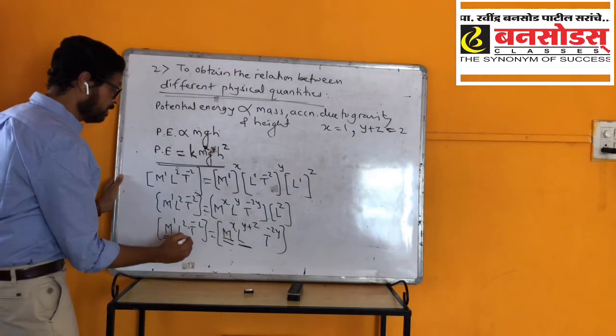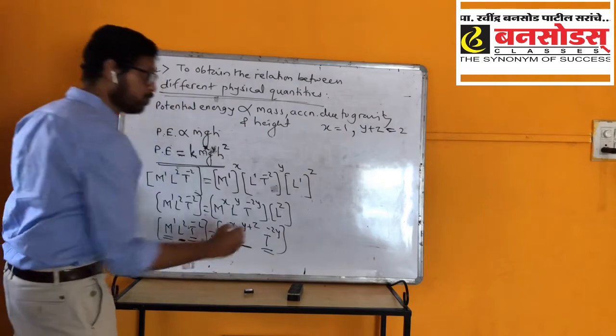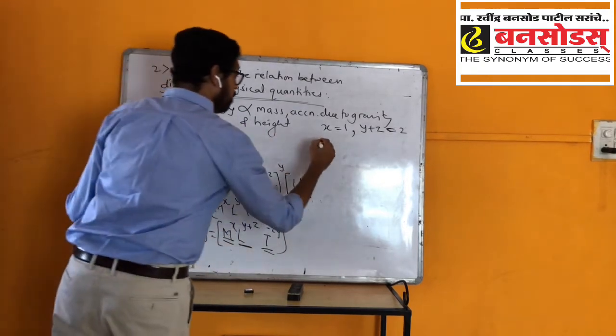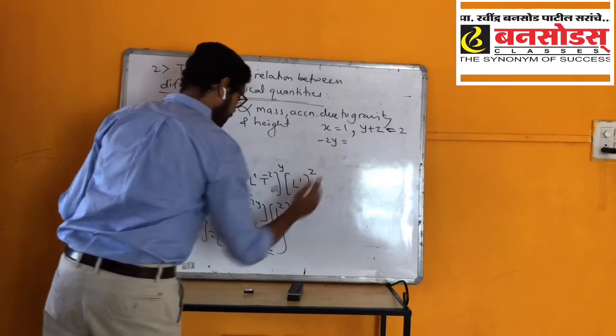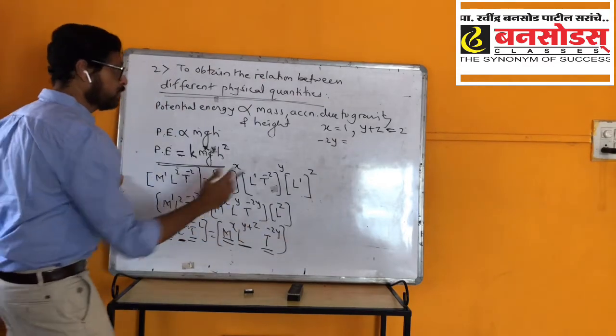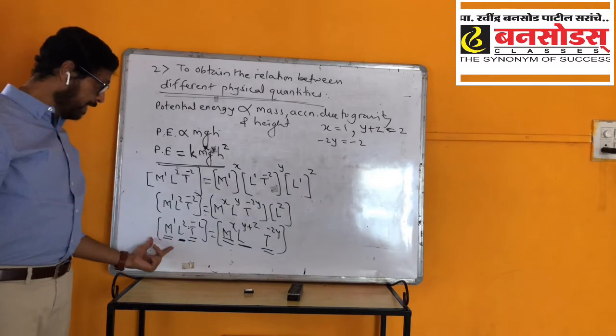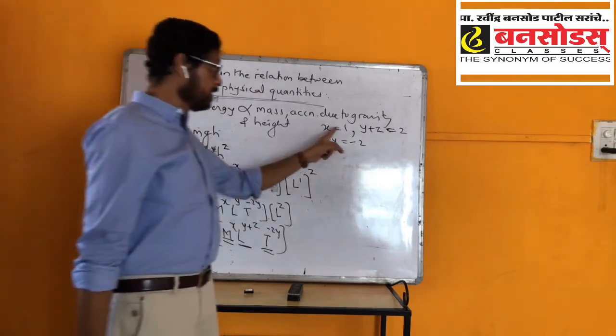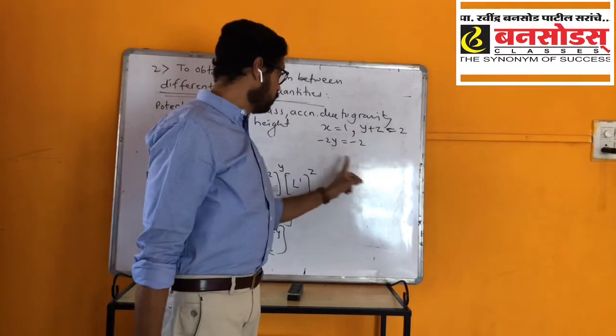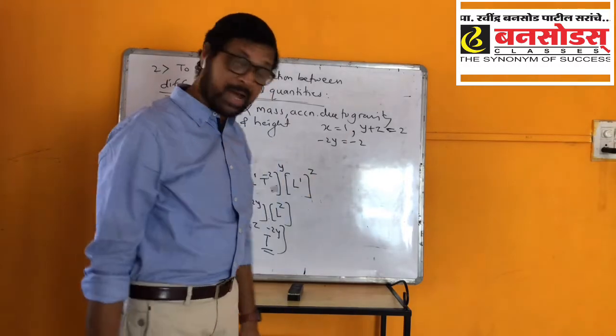And this is T raised to minus 2, T raised to minus 2y, means you get minus 2y is equal to minus 2. So comparing LHS and RHS, you got x is equal to 1, y plus z is equal to 2, minus 2y is equal to minus 2.